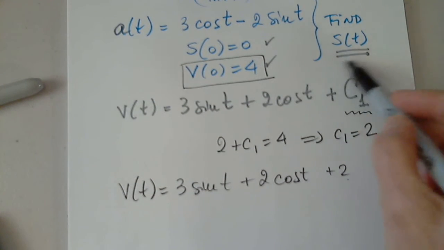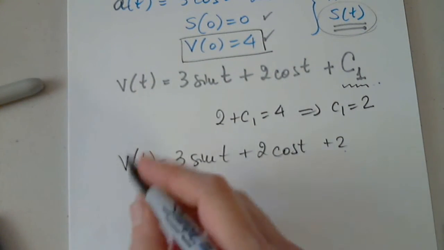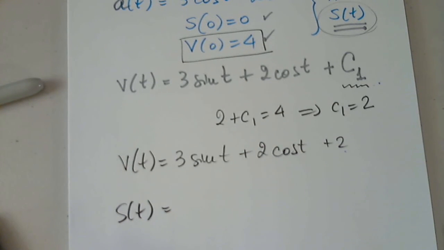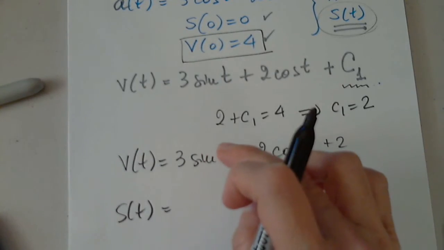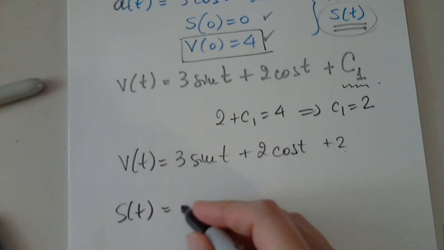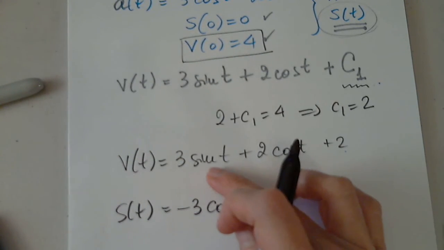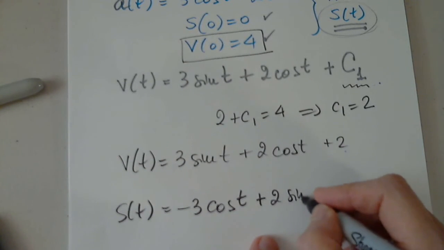But my target is the distance formula, or the distance function. Fine. So the antiderivative of the velocity, which will be s of t, is the function whose derivative is this. Which function prime is 3 sine t? Well, that has to be negative 3 cosine t. When I differentiate this, I get that. Now plus 2 sine t.